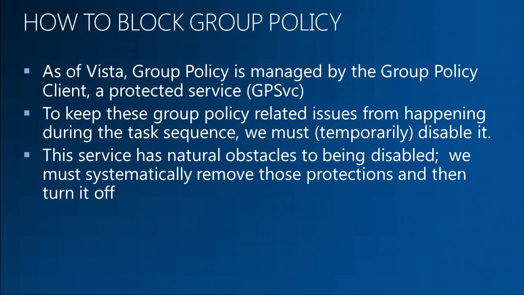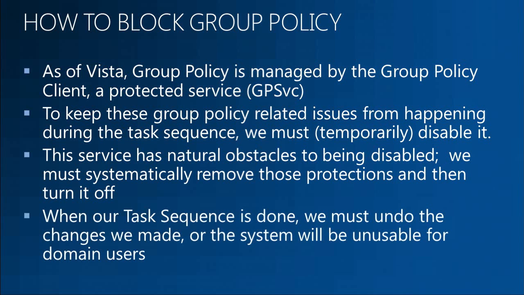So in order to prevent you from doing that, they gave administrators essentially read-only access. So we have to do something about that. Anything we do to the group policy processing service before the build is completely done, we need to undo because, well, as you all would agree, group policy is a really good thing.